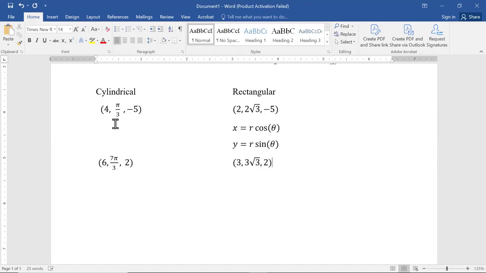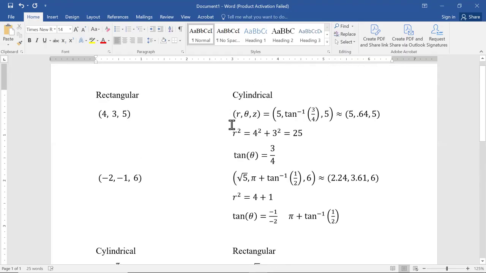But even if they're not in the first quadrant, we still just plug in r times cosine theta, r times sine theta. So that's how we go from cylindrical to rectangular. There's a little bit less work than going from rectangular to cylindrical. Getting the theta when you go to cylindrical does take a little bit of knowledge of how your inverse tangent works.